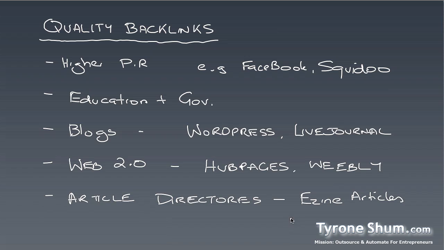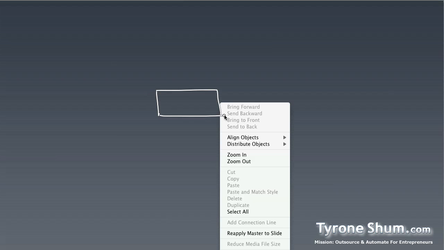All right, so hopefully you can see from all these places that we've got, like high PR sites, education, government, blogs, Web 2.0, article directories, it actually helps you rank your site, and you can get traffic from them basically. So these are all free sites where you can post your articles and your blog and all the different things onto there as well.